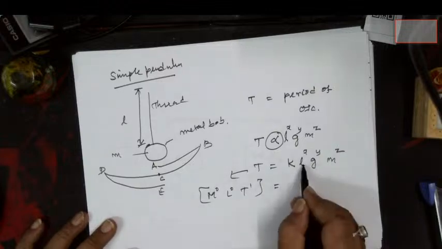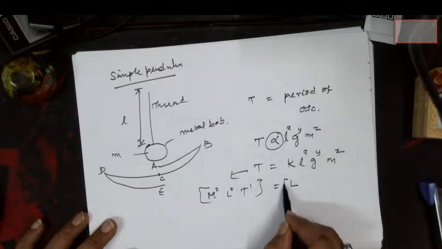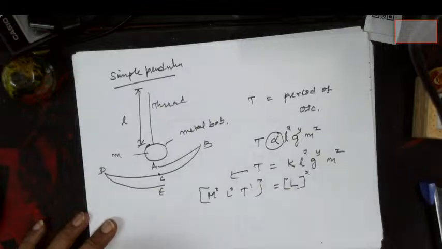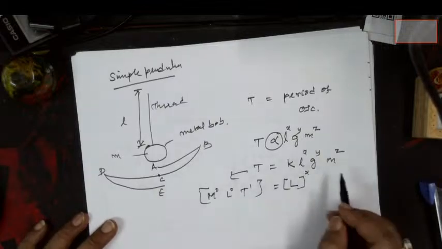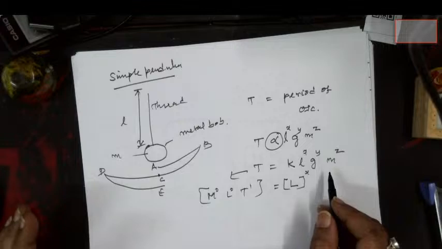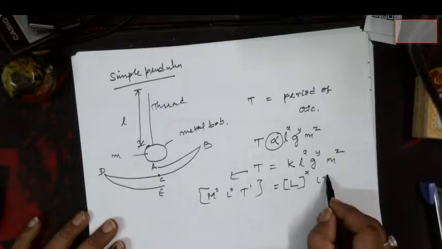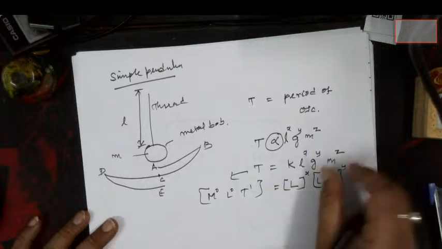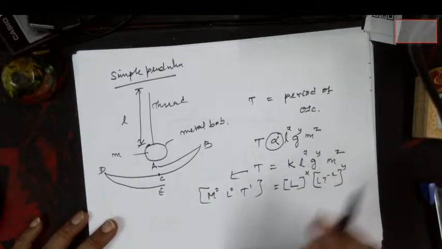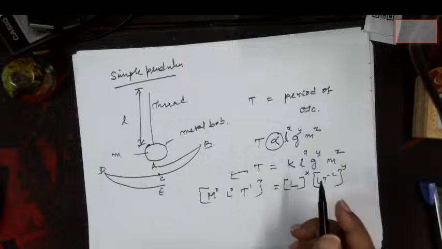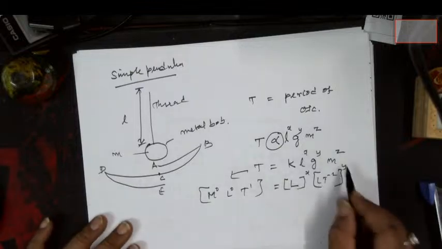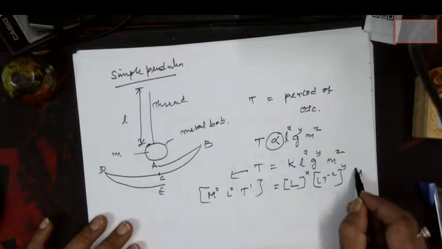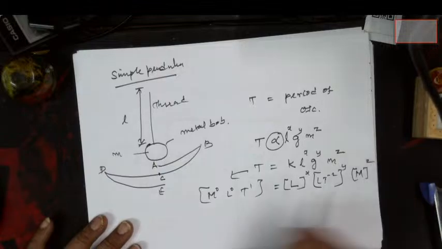So what about this length? This is L. So L power x, let us put. And what about g? g is acceleration. So (LT power minus 2) whole power y, because we do not know how many times it is. So let me put x, y, z respectively. And for m, which is nothing but mass, let me put simply M power z here.